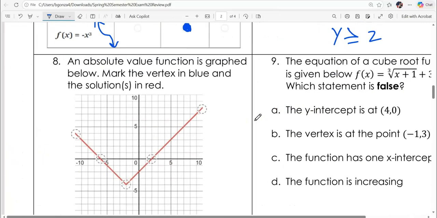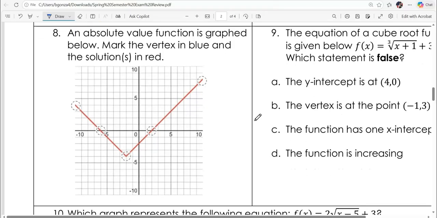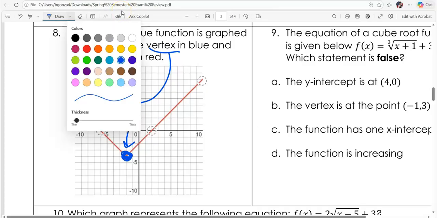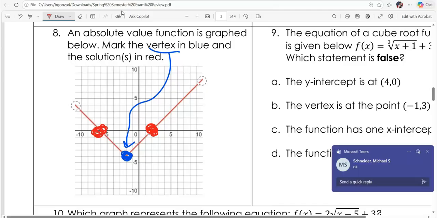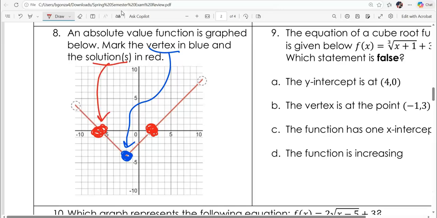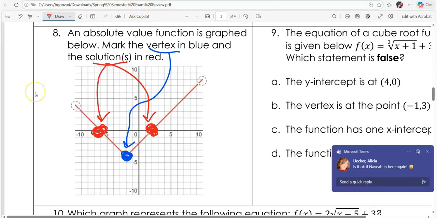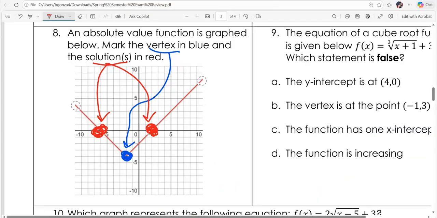All right, number 8. Mark the vertex in blue. The vertex is right there. And the solutions in red. I guess I could change my color. So the solutions are here and here.